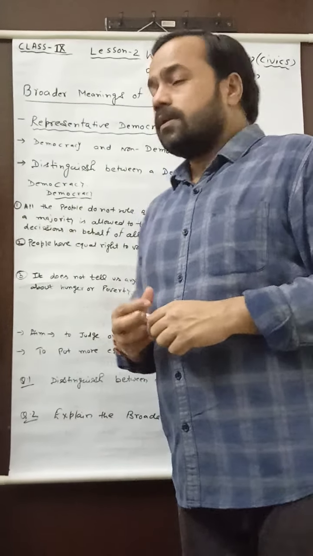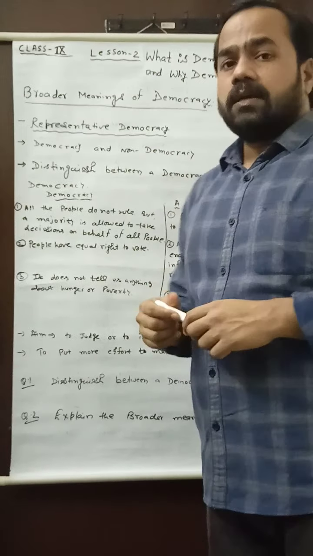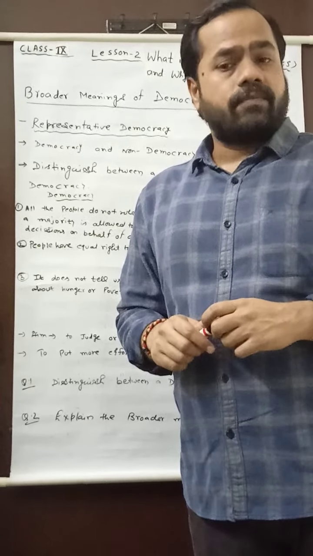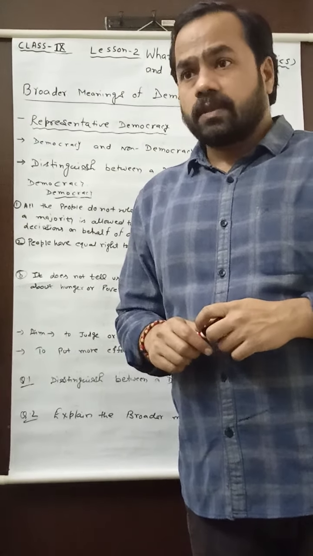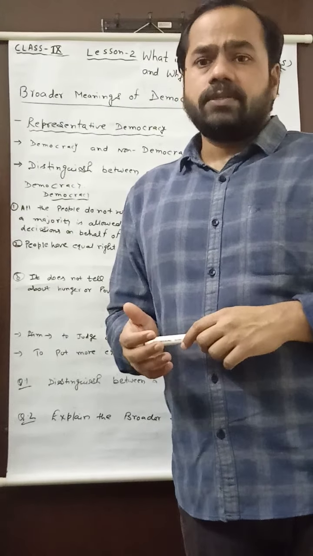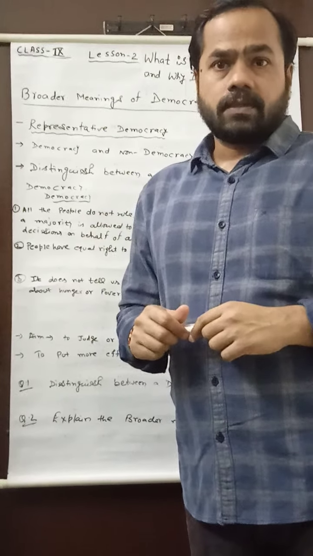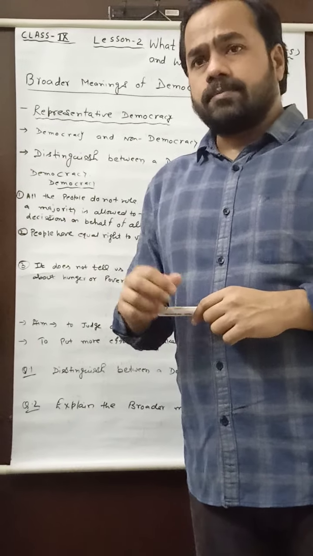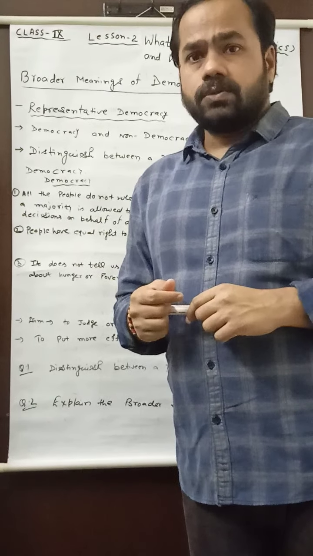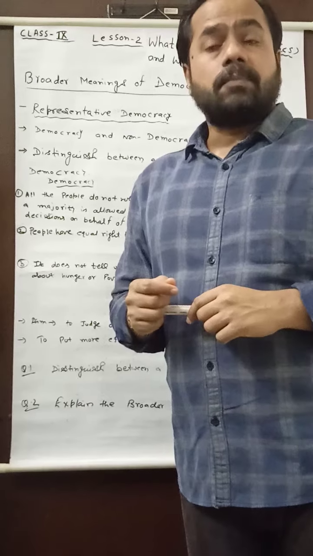So first of all, before starting the broader meaning of democracy, I will tell you the definition of democracy which I have already discussed with you. Democracy is a form of government in which rulers are elected by the people. Here rulers are observed as the representative, those who represent the people.